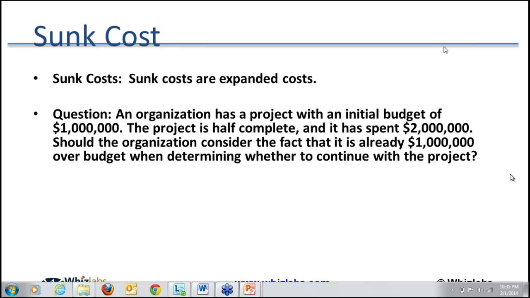So maybe the cost is 1 million over budget, but at the end of project completion it may still give the benefit for which the project was initiated. Maybe there is some government regulation.